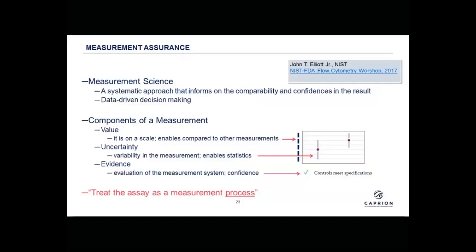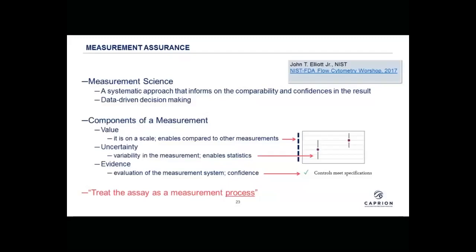So if you're interested, you can download all the presentations from that workshop, and there was quite a bit of interesting information. So of course, at NIST, the National Institute of Standards and Technology, their business is measurement science. And they define this as a systematic approach that informs on the comparability and confidence in the result. And this allows for data-driven decision-making.